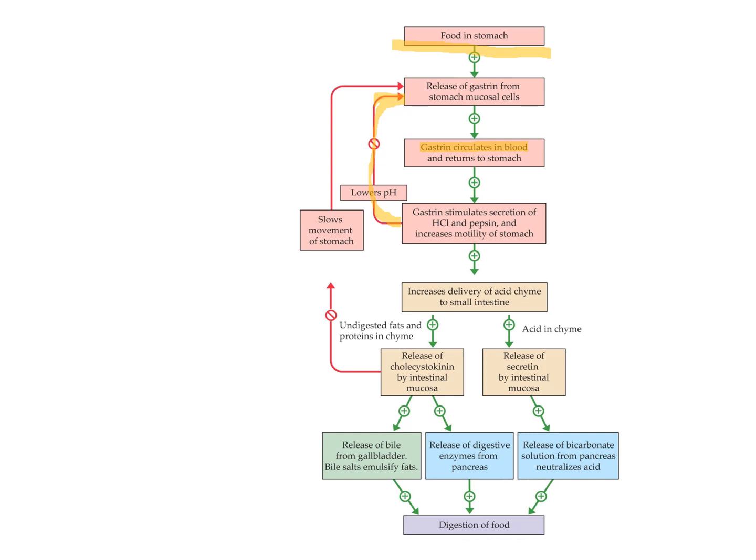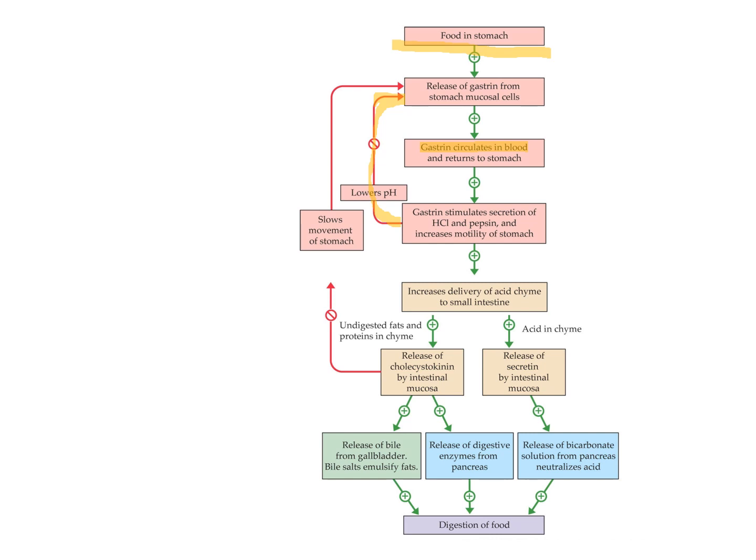Meanwhile, the stomach is churning and mixing material and hydrochloric acid and pepsin and turning it into chyme, and chyme will be delivered into the duodenum, the first section of the small intestine, by repeated rhythmic relaxation of the pyloric sphincter, the sphincter at the end between the stomach and the duodenum.